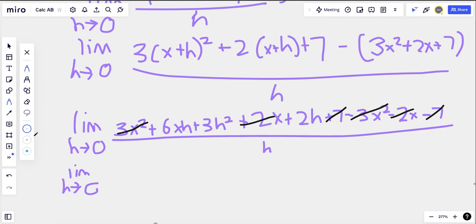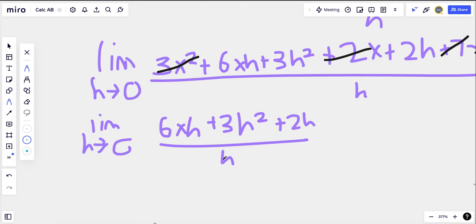So we're just left with 6xh plus 3h squared plus 2h all over h. And this is convenient because now we can cancel out the h's by dividing by the h.